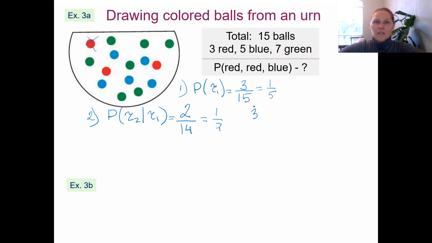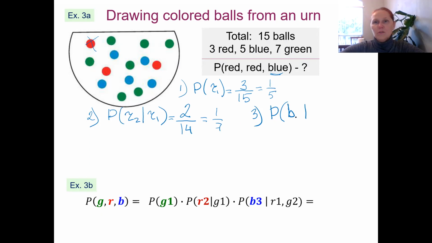Then the third stage, we draw the third ball, blue. What is the probability to get the third ball blue, given that the first was red and the second was red?